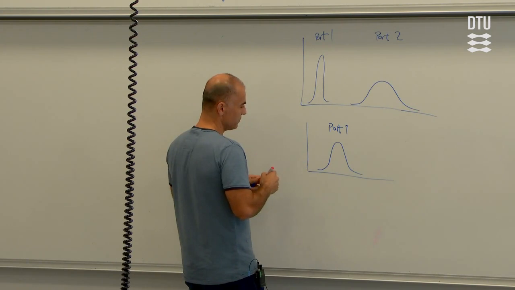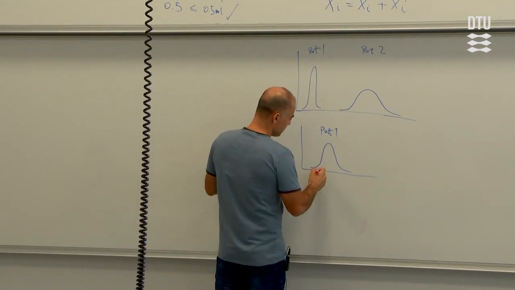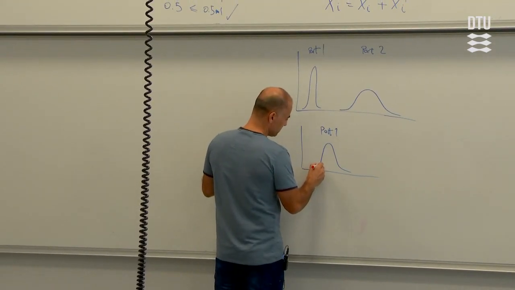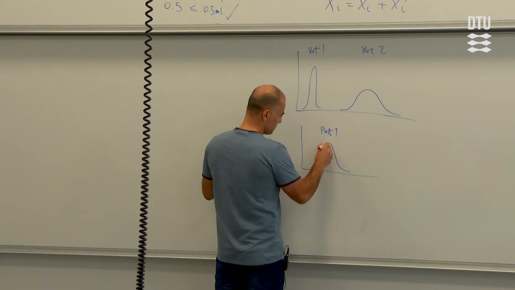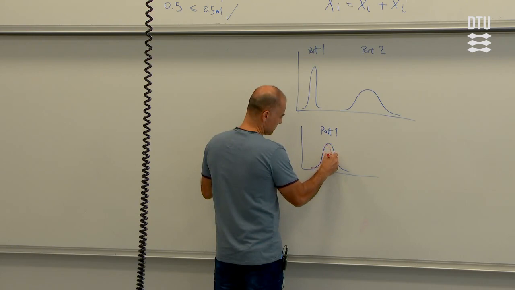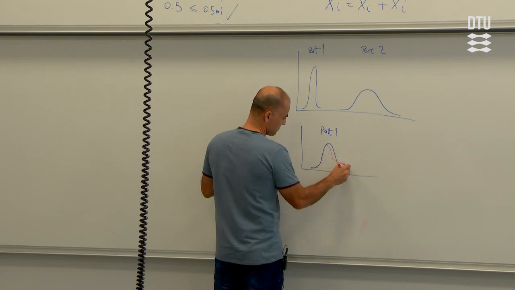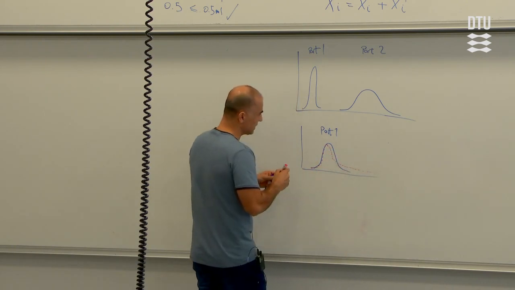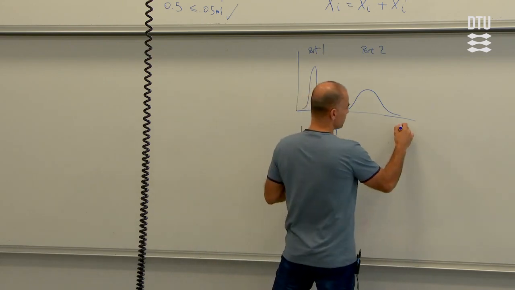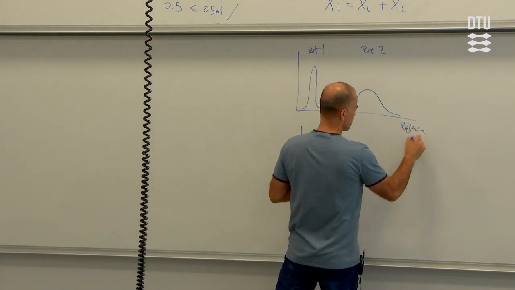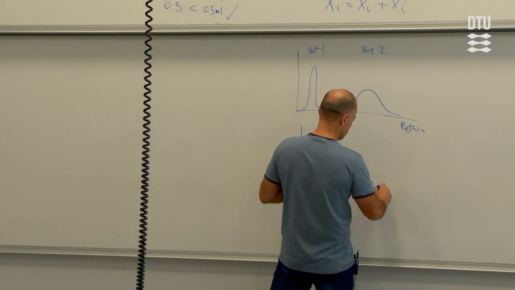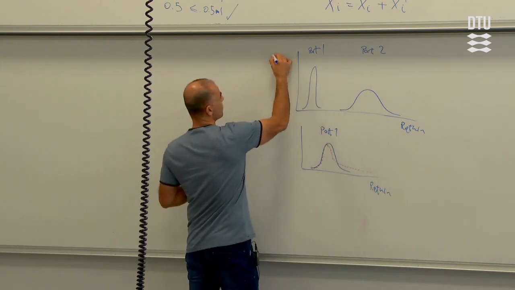And then my portfolio 2 could be something to the effect of... What are the axes? Yeah, so this is return. These are returns, and these are probabilities.